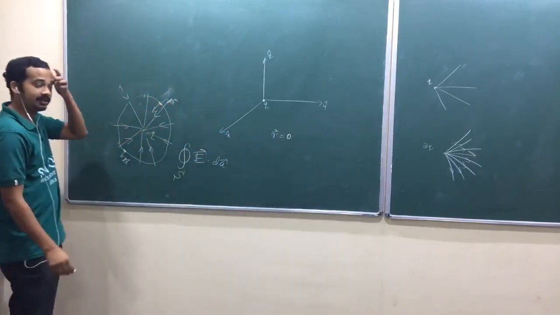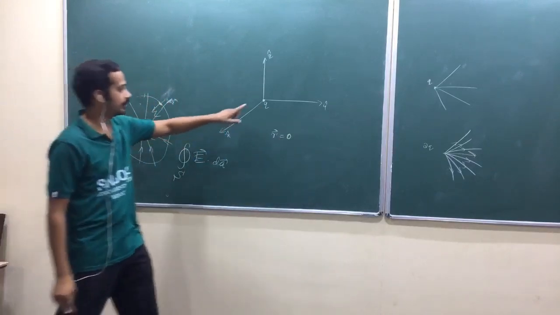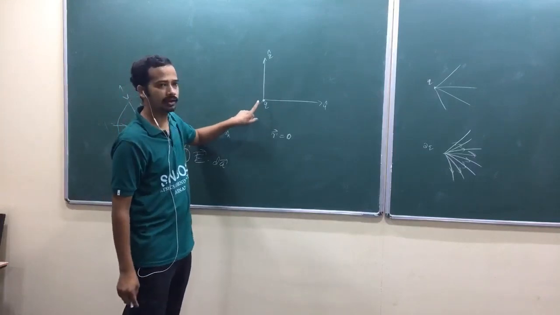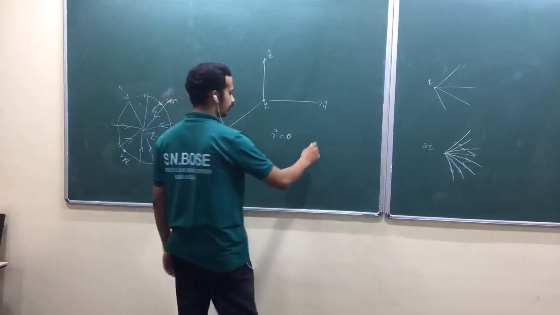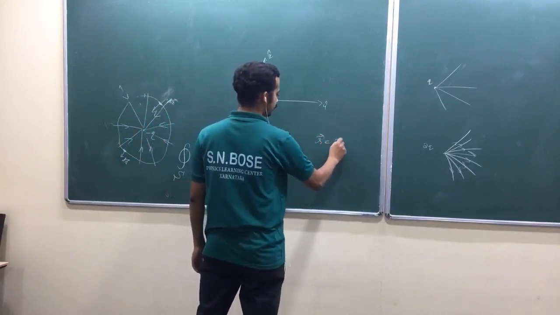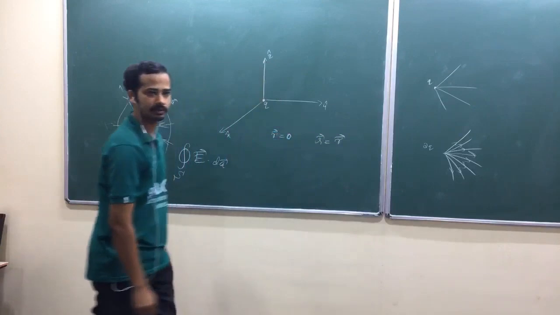If it is away from the origin, you write the vector from the origin to the source charge as r prime vector. So your italic r vector is equal to r vector, and r prime vector is the null vector.